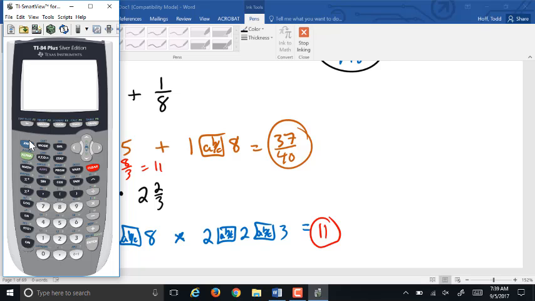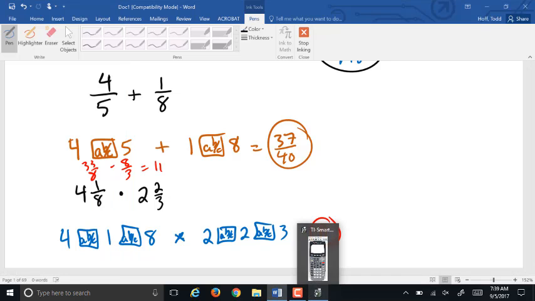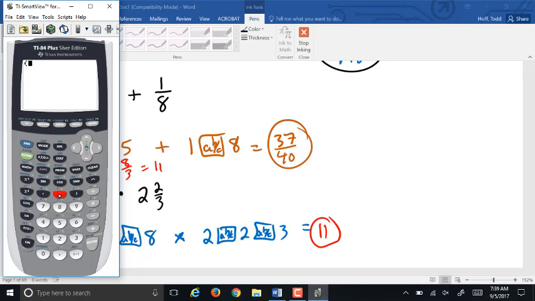The way you could do that one, the 4 and 1/8, is to use parentheses: 4 plus 1 divided by 8, times, and then parentheses, 2 plus 2 divided by 3, close your parentheses. That's going to give you an ugly decimal when you hit enter. Well, this one comes out to 11. So it's not an ugly decimal, but let me do an example where it does.